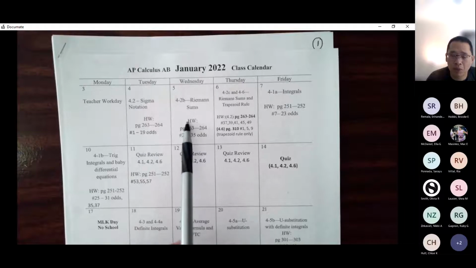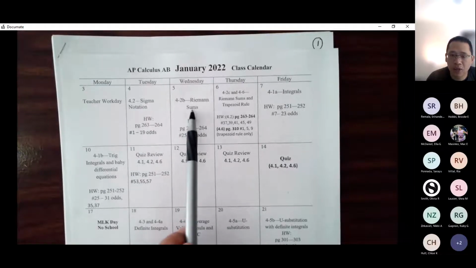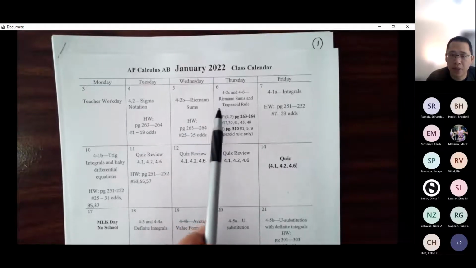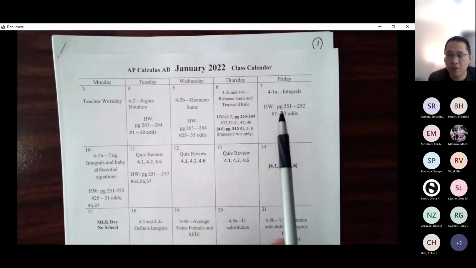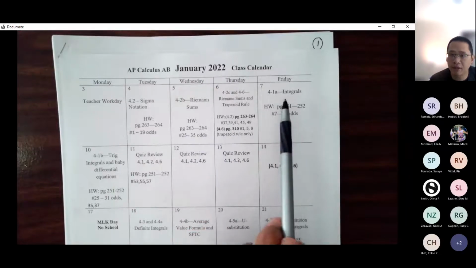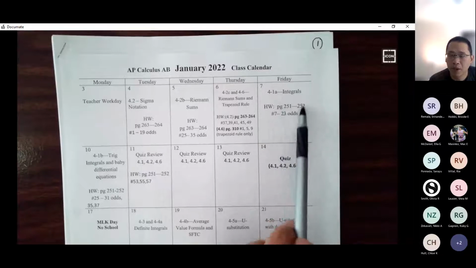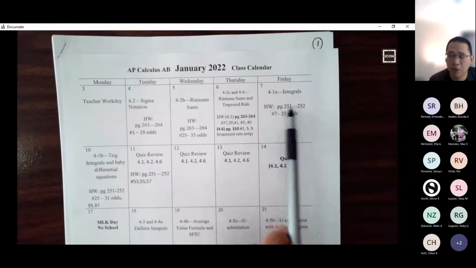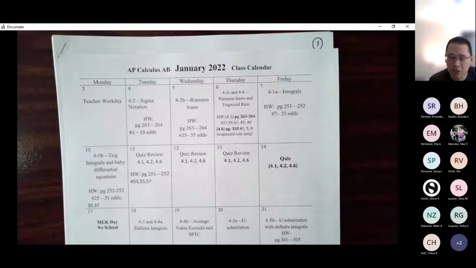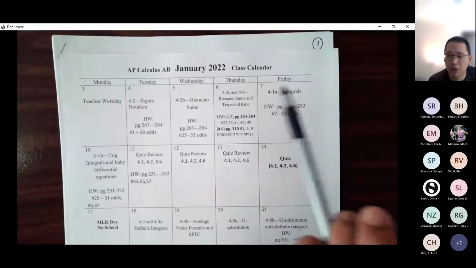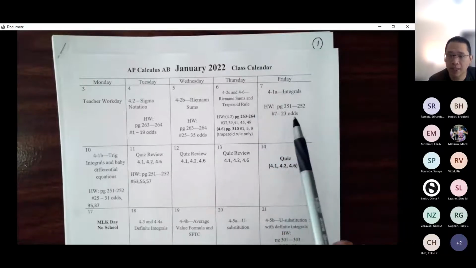Tomorrow we'll move on to approximation using rectangles. And then eventually we're going to get to a much more efficient way of finding area under the curve using the power rule for integrals, which is basically the power rule for derivatives, but we're changing those operations around so that we're undoing that derivative process.